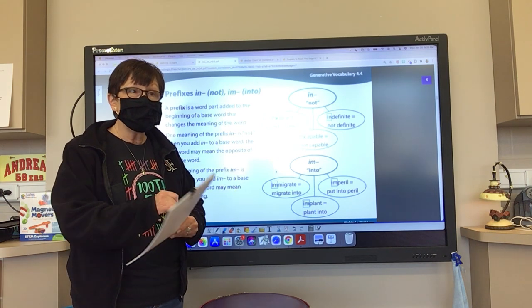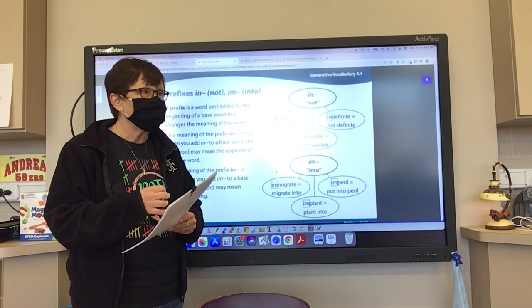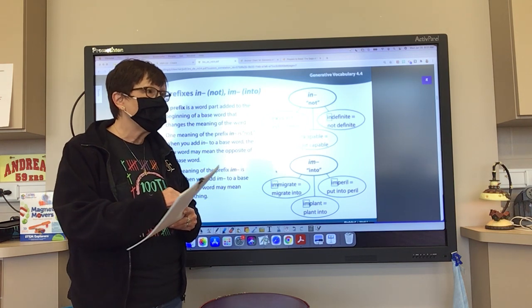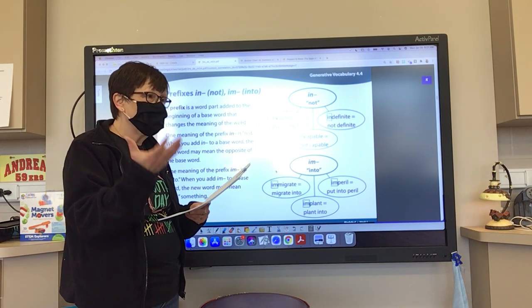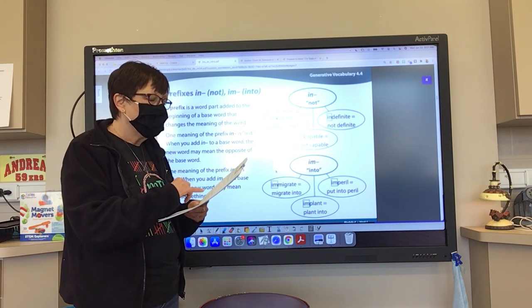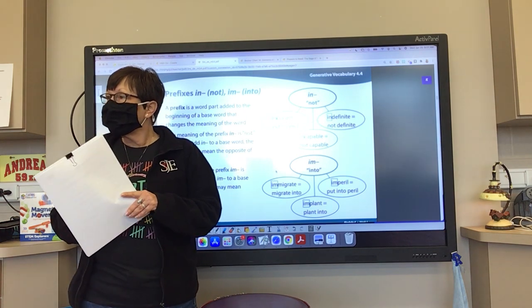So here are the words we have. We have peril, which means a dangerous situation. Complete, migrate, which means you leave one place to go to another. Accurate, print and active.